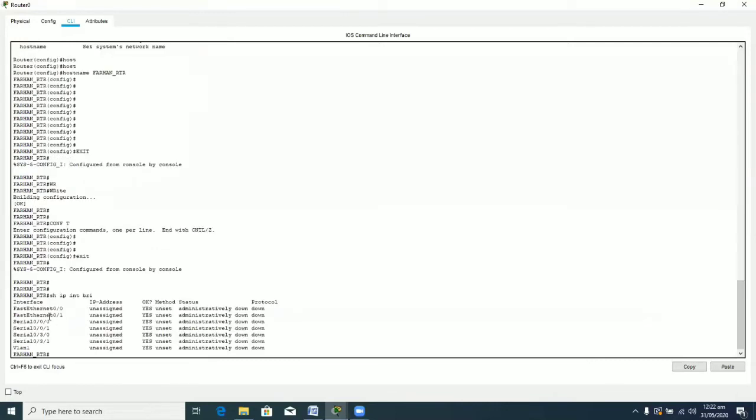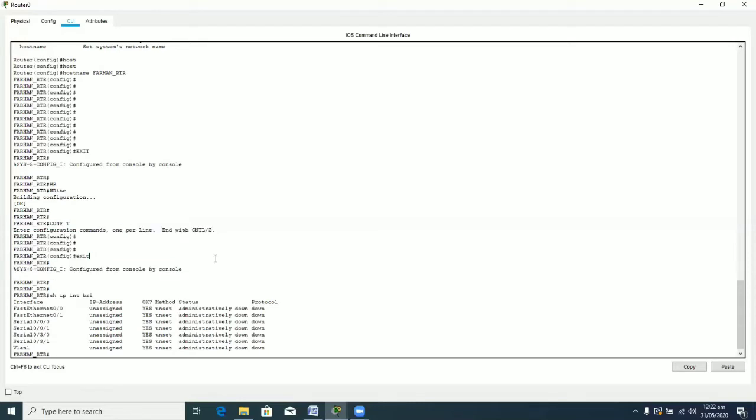So you can see over here there are a total of 6 interfaces because I added 2 different serial VIC2T cards, each having 2 ports, and the Fast Ethernet 0/0 and 0/1 were already present in my router. So you can see that the Fast Ethernet 0/0 is unassigned an IP address and it is administratively down as well as protocol wise down.